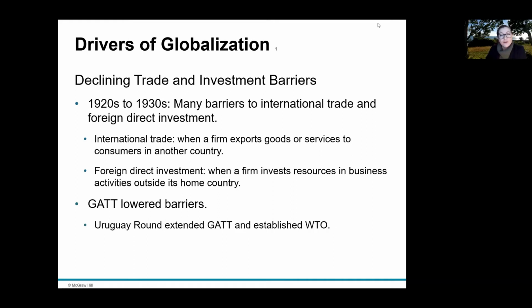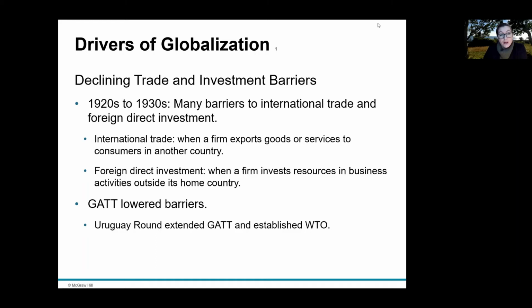Okay, let's talk about the drivers of globalization. First of all, we have to flag these declining trade and investment barriers. Prior to 1920, there wasn't much international business going on. There was some, but not a lot. And then in the 1930s, we were looking at the Depression years.